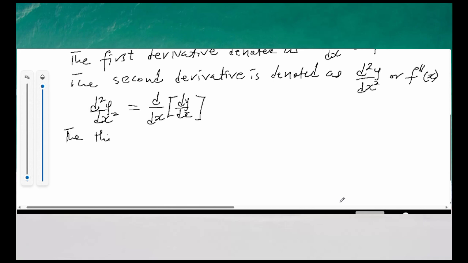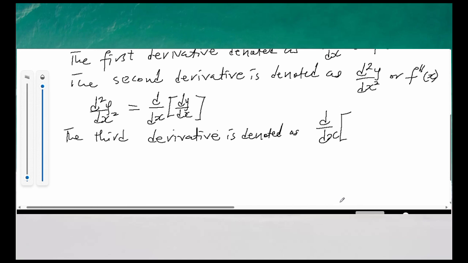The third derivative could be denoted as, so from what we have here, then the third is going to be d/dx of what?